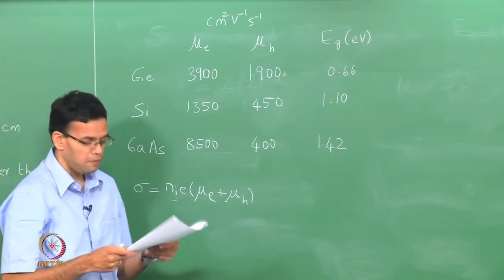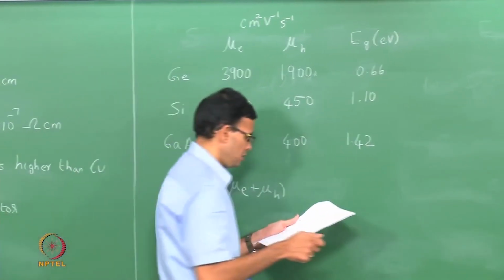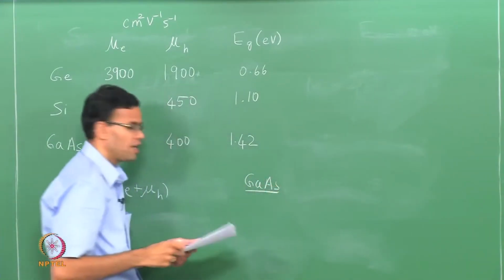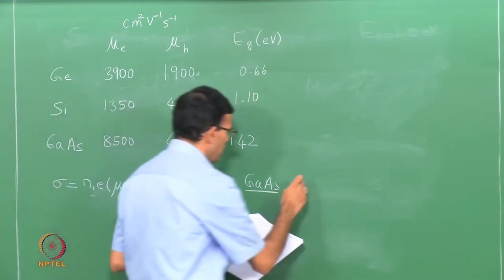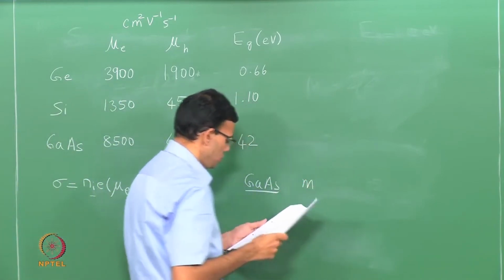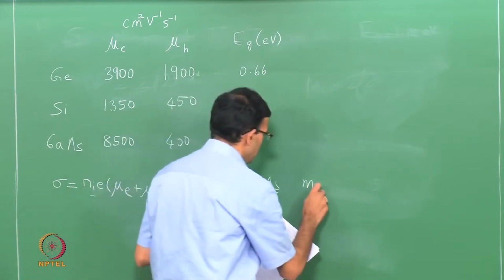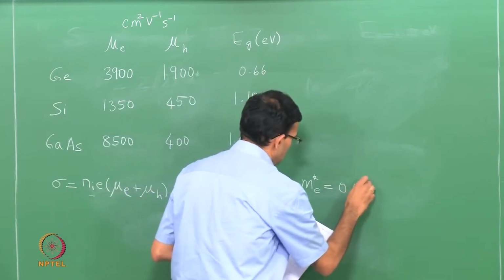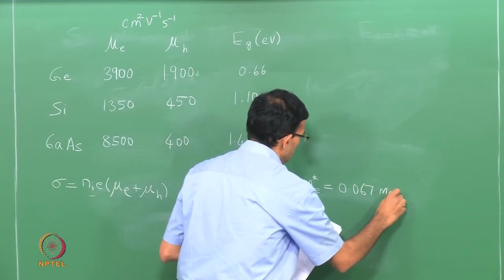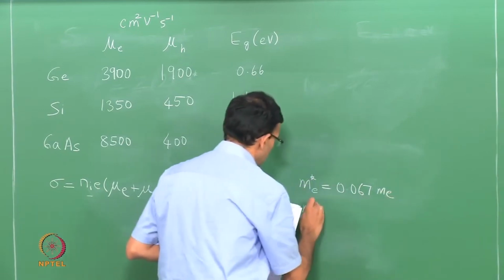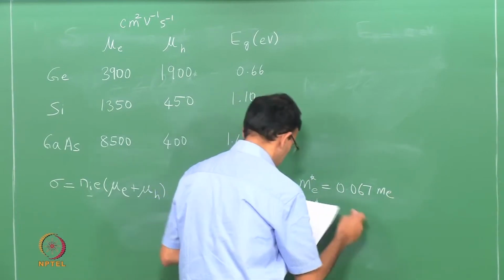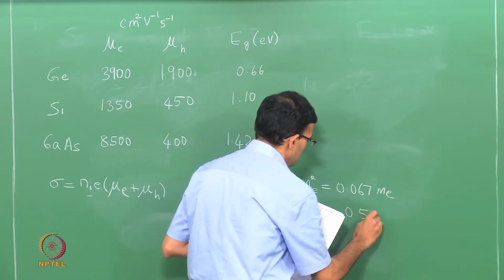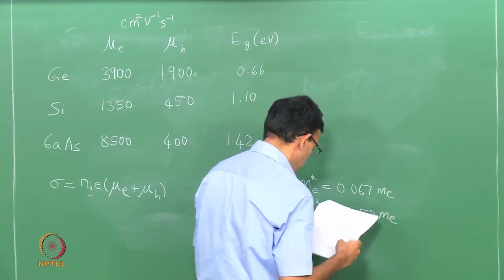So, let us just do the math for gallium arsenide. Once again, we need the effective masses of the electrons and holes. So, Me star for gallium arsenide is 0.067 Me, Mh star is 0.50 Me.